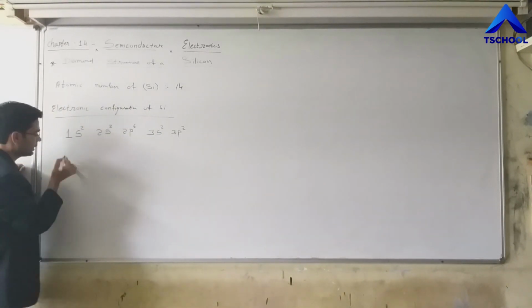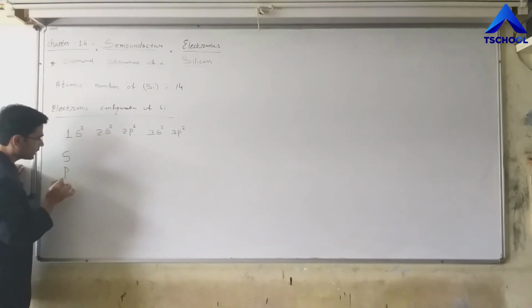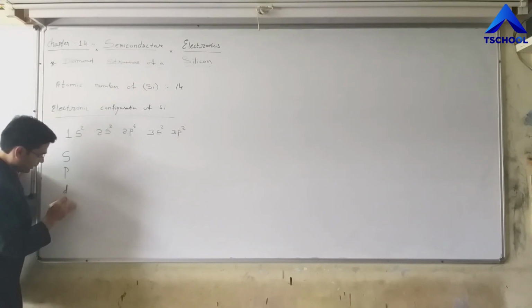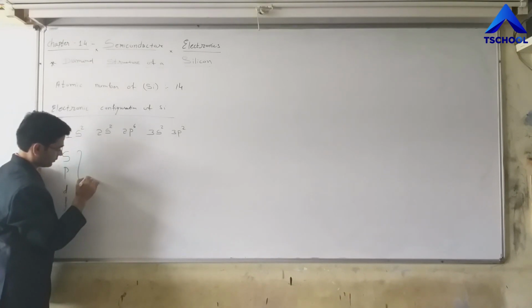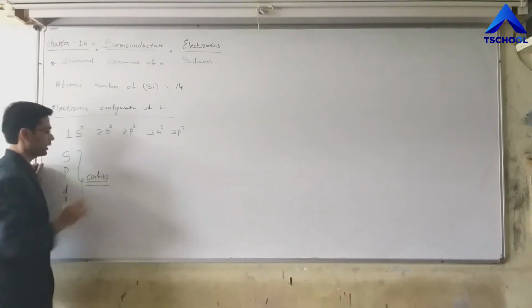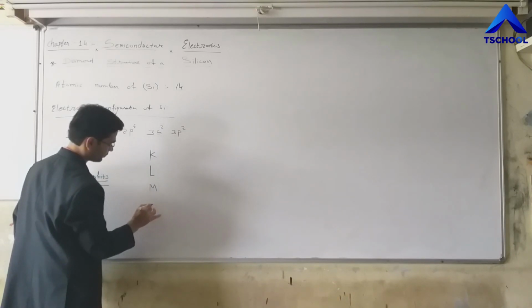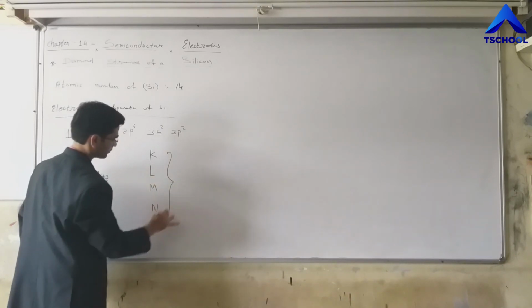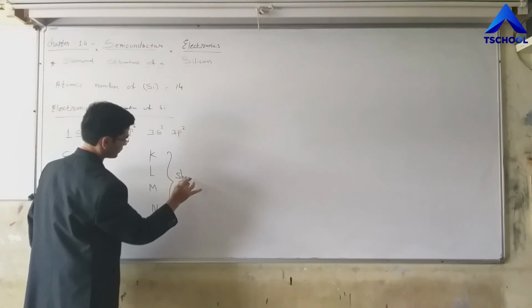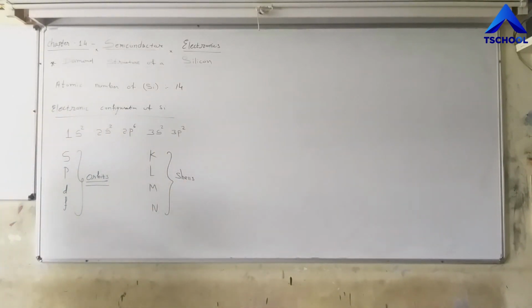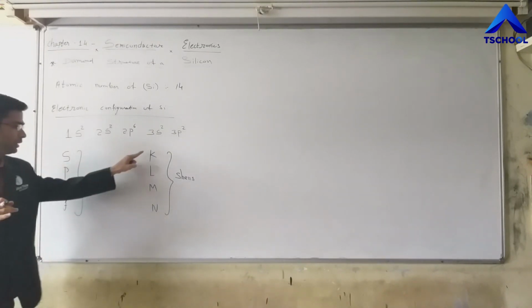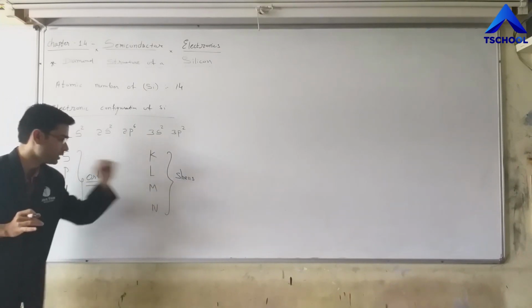Now here S, P, D and F are orbits, and K, L, M, N are shells.